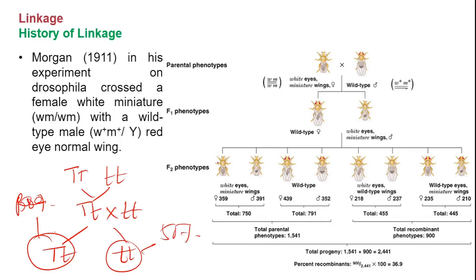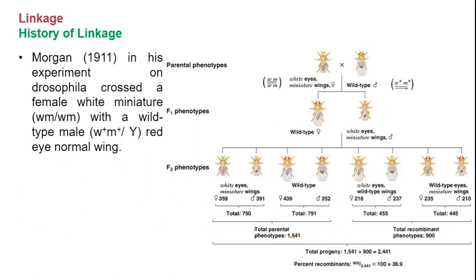But in the F2 generation, the maximum population will be the parental population. After test crossing, he found that 1541 Drosophila were of parental combination and a lesser population was of recombination.